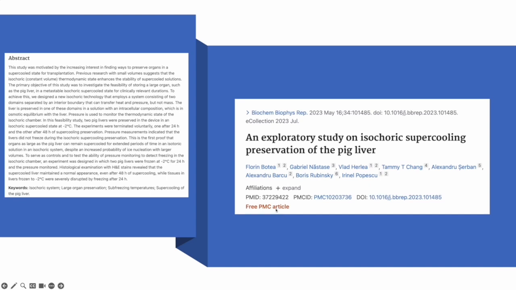We have also used isochoric conditions, which I will discuss toward the end, to extend preservation. So what you want to do, if you can, is reduce the temperature of the biological organ or biological matter to sub-freezing temperatures and keep it there. You may have a chance to extend the preservation time, and experiments have demonstrated that's what is happening.